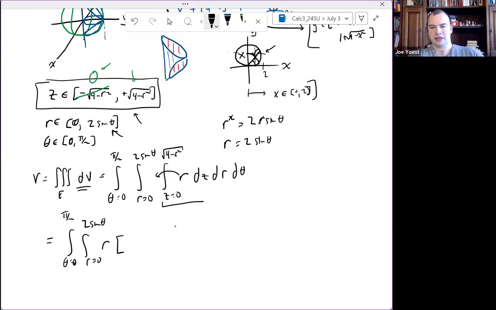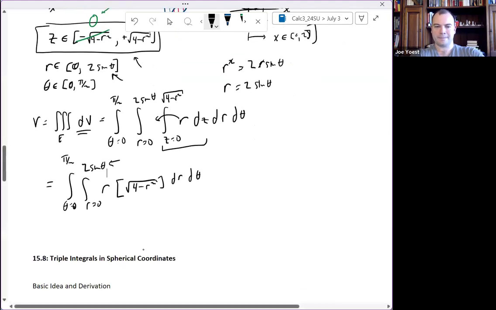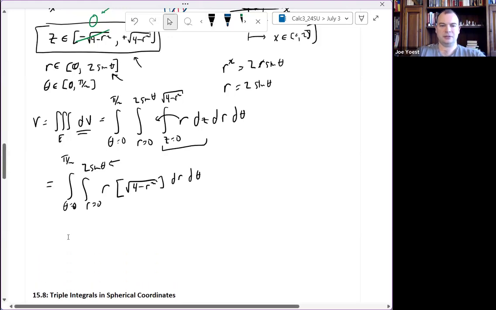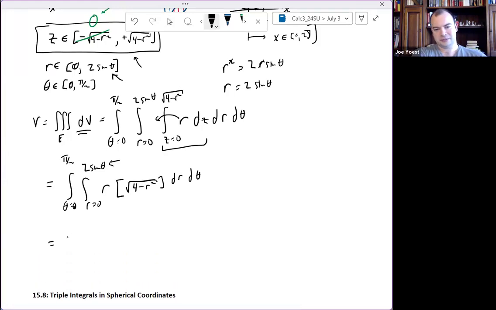And then we're just integrating dz between these two bounds, which just gives me root 4 minus r squared dr d theta. And again, I still can't pull out the theta integral because of this 2 sine theta at the top there. So I'll keep going as an iterated integral.